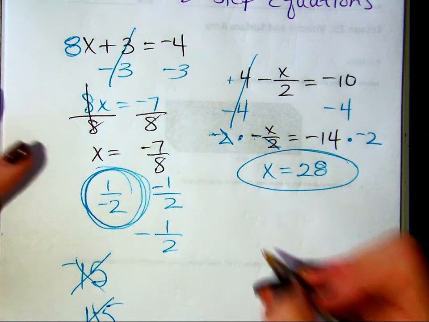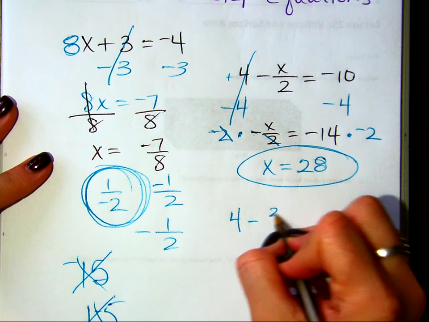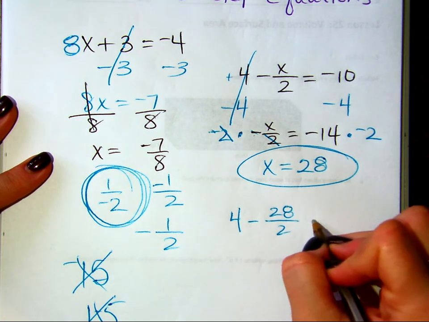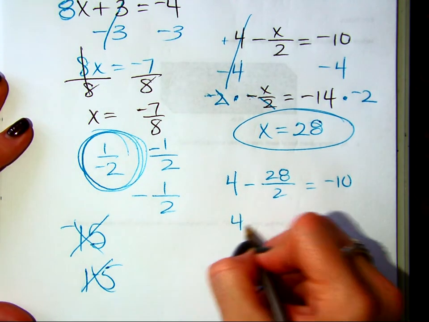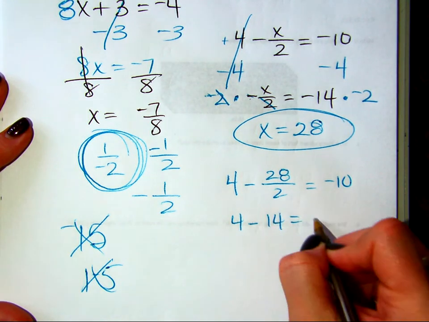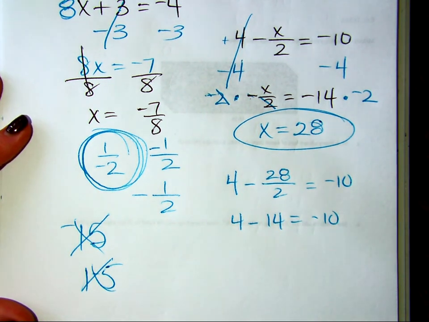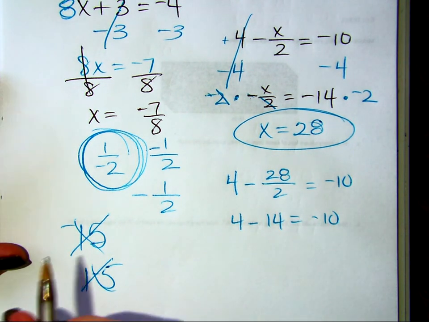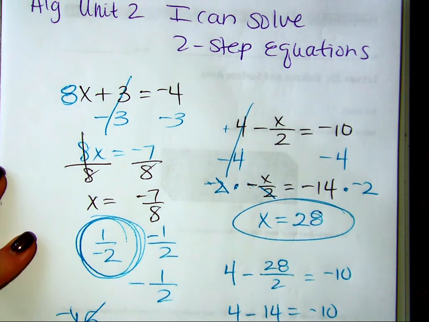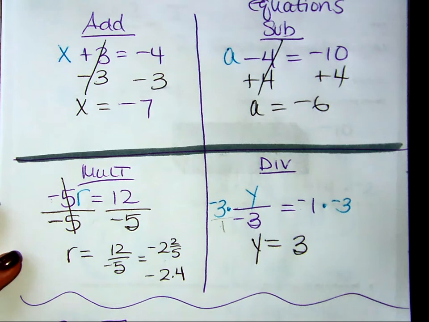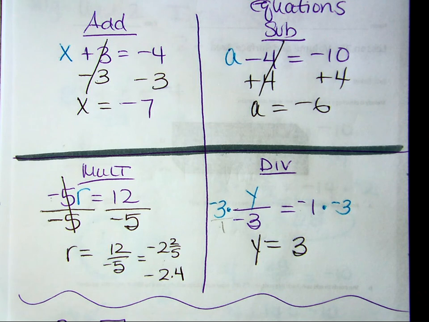You can check yourself by saying 4 minus 28 over 2. Does that equal negative 10? Does 4 minus 14 equal negative 10? Yes. Okay? So check is a very good way for you to do that. Okay, questions on that? Two-step equations. So just make sure you combine what you know about your one-step equations and just do it in 2 separate problems. Okay?